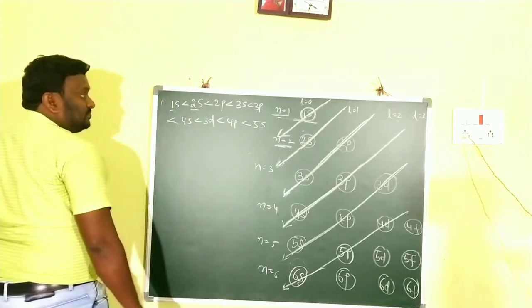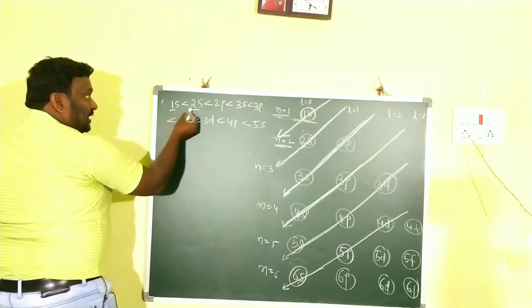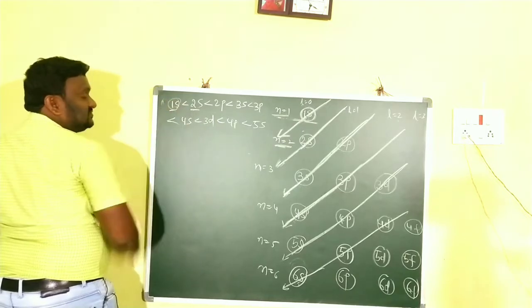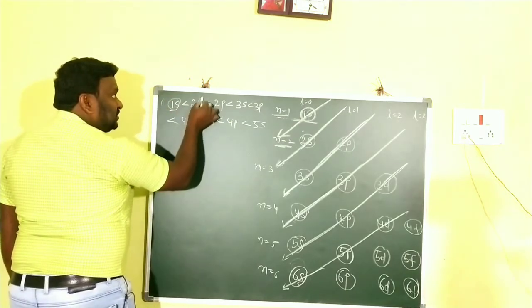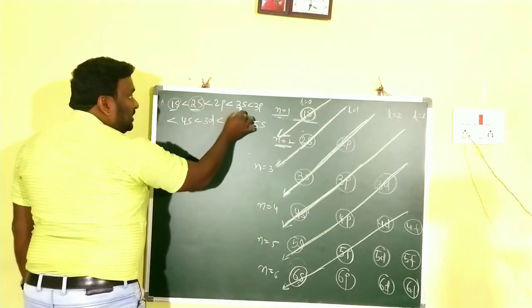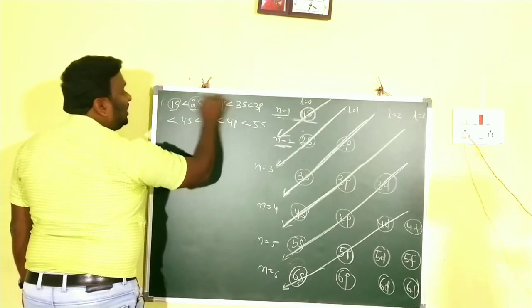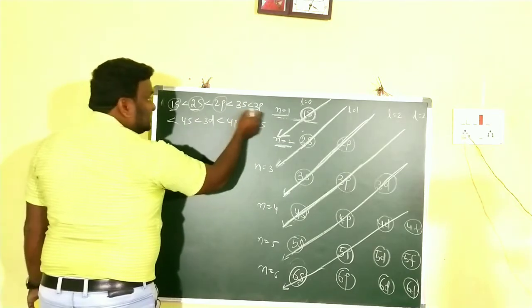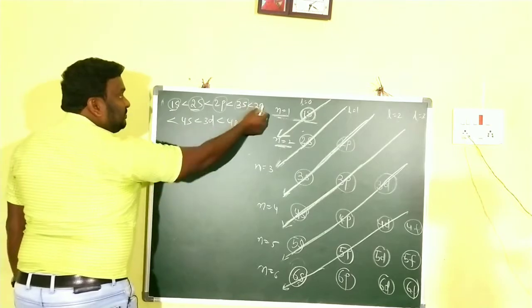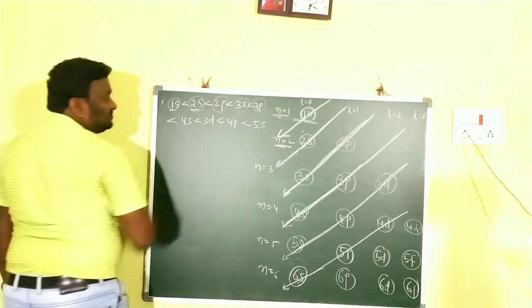Like that, children. Clear? Comparing 2s and 1s, 1s is the lowest. That's why you have to fill 1s. Comparing 2p and 2s, 2s is the lowest. Comparing 2p and 3s, 2p is the lower energy level. Between 3s and 3p, 3s is the lowest energy level. Between 4s and 3p, 3p is lowest.